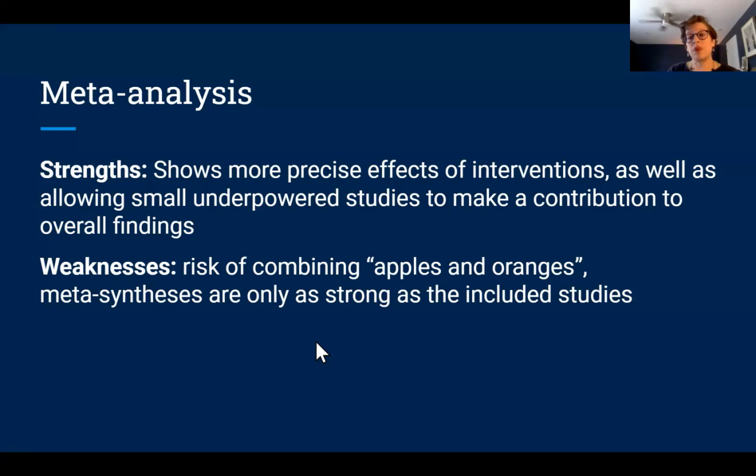One of the risks that people talk about is combining apples and oranges, but that's on the researchers. Hopefully things like that aren't published with poor methodologies. Meta-analyses are only as good as the included studies, and the studies that you find are really going to make or break a meta-analysis.